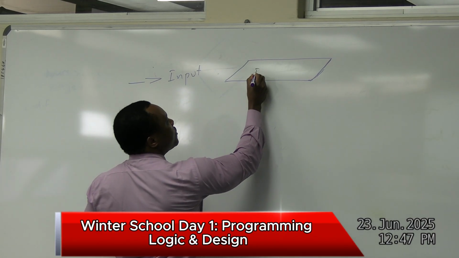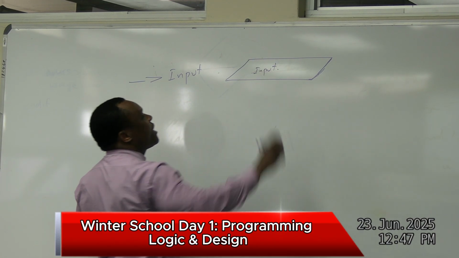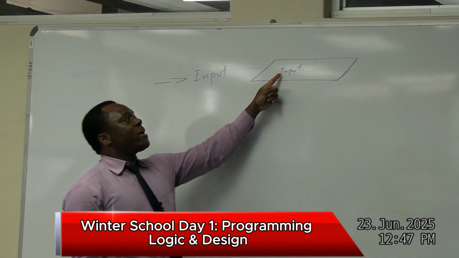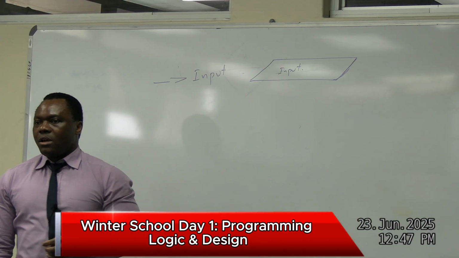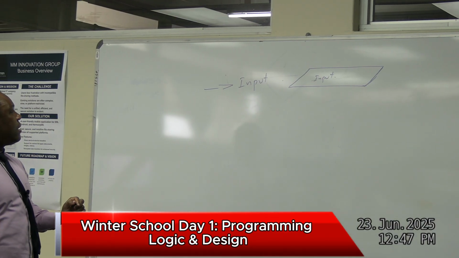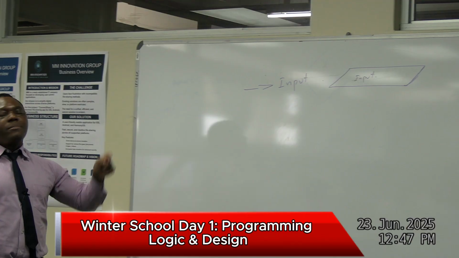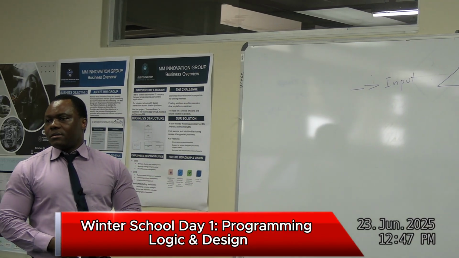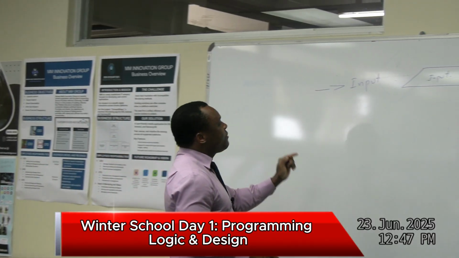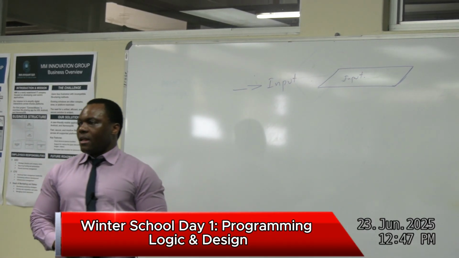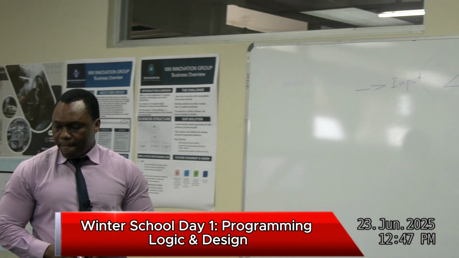That is input. When you give such an input, you must put your input inside of this diagram. You are not going to give any shape that is different from that shape you see here. That is the shape uniquely for input, which is the parallelogram.